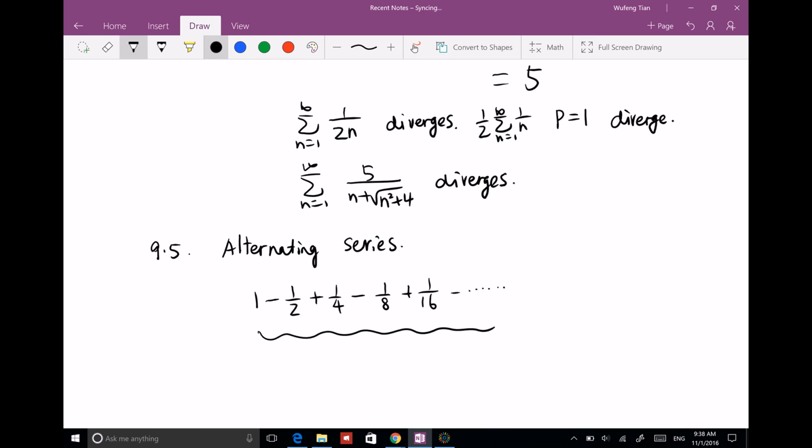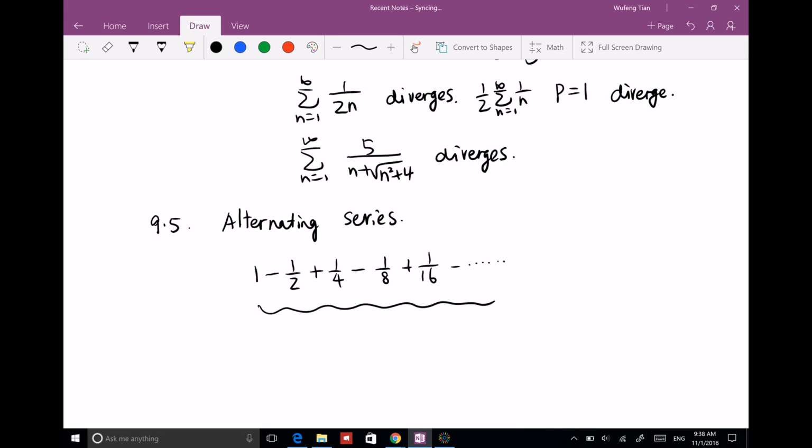Well, the A is an A sub n, right? So then the n is in the denominator, and it alternates. Or no, sorry. The denominator goes up by 2 and it alternates negative to positive.